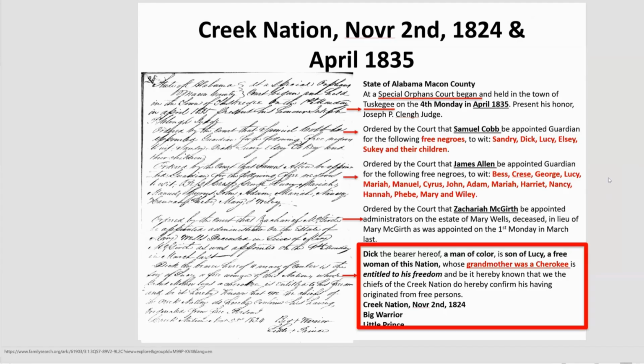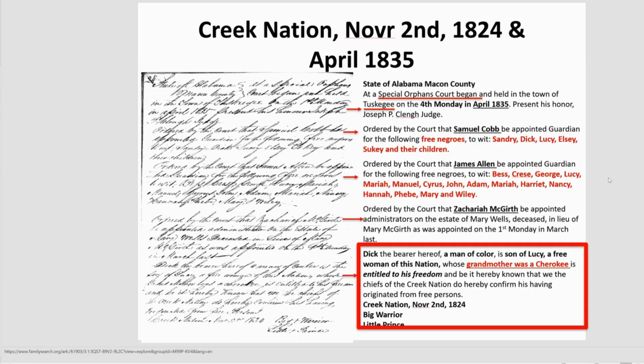So the next page basically said, a special orphans court began and held in the town of Tuskegee on the fourth Monday in April 1835. Present this honor Joseph P. Clegg, judge. Ordered by the court that Samuel Cobb be appointed guardian for the following free Negroes, to wit: Sandry, Dick, Lucy, Elsie, Suki, and their children.